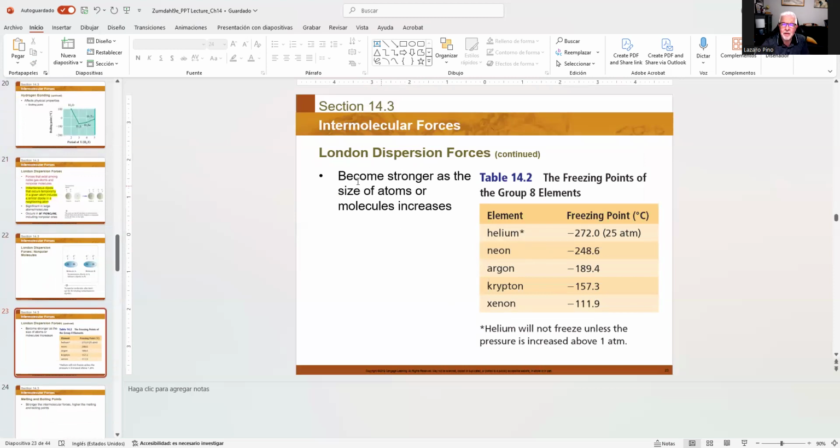You can see here in this table that they become stronger as the size of the atoms and the molecules increases. The bigger the molecules and atoms are, the more probably you will find stronger London dispersion forces.